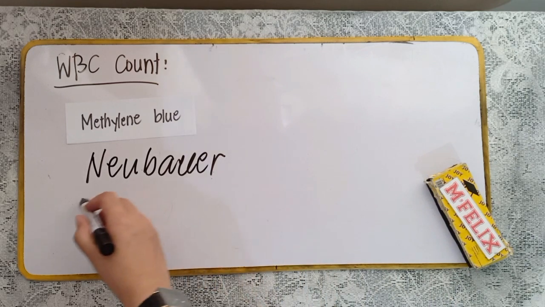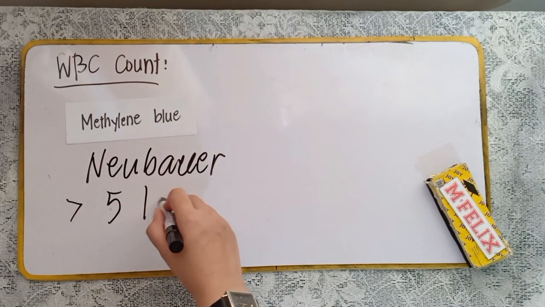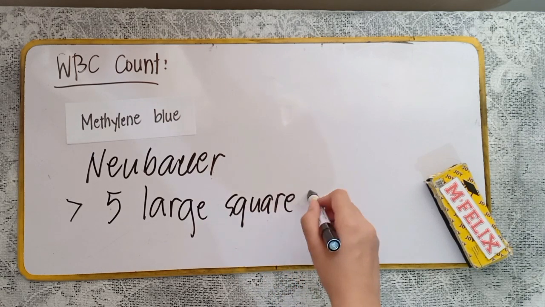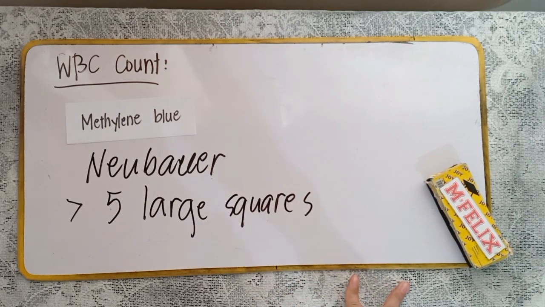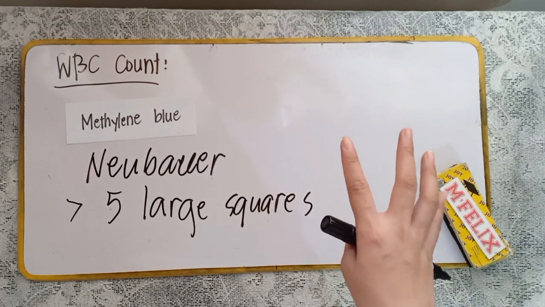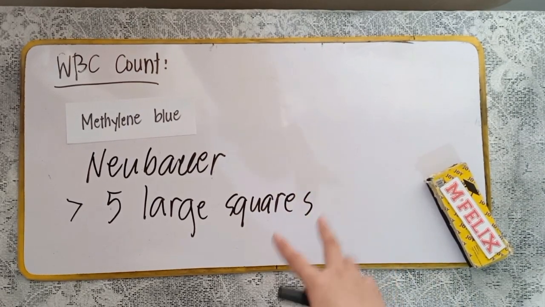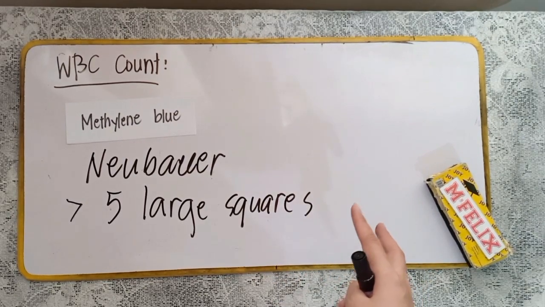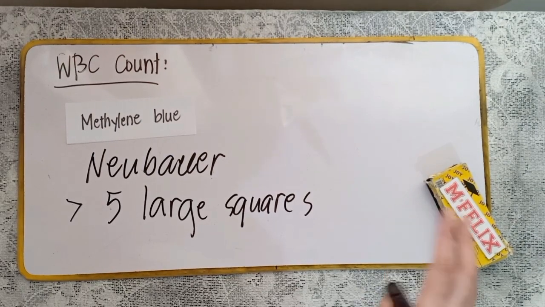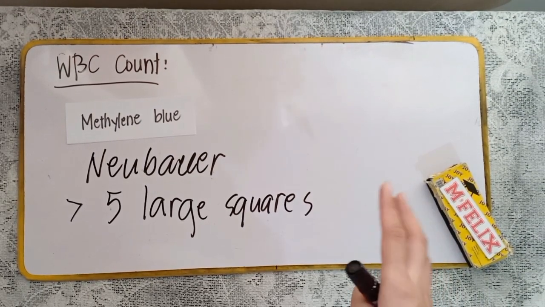Ilan totally yan? 5, you count in 5 large squares. Paano yung procedure, class? Sa hemocytometer lang din. The number counted is multiplied by the dilution factor to obtain the number of WBCs per microliter. Parang sa hema lang din.